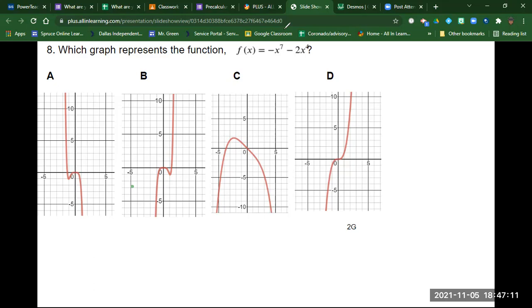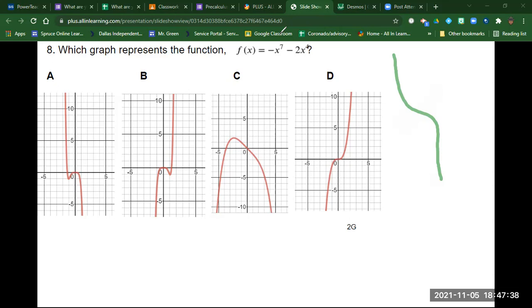Now, odd functions normally look something like this. x cubed looks like that. So if it's been reflected, flipped, then it's going to look like that.